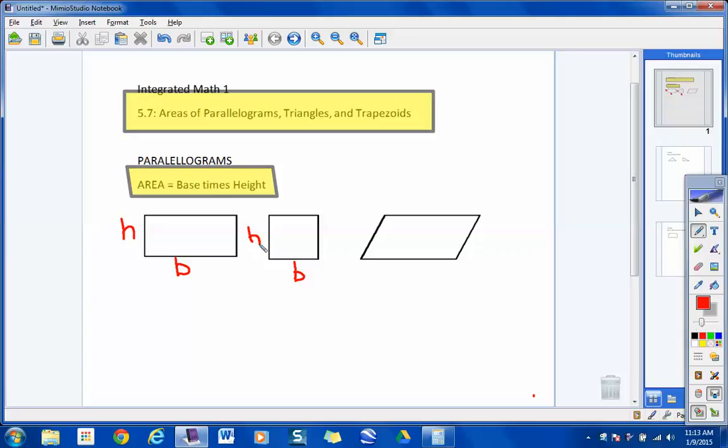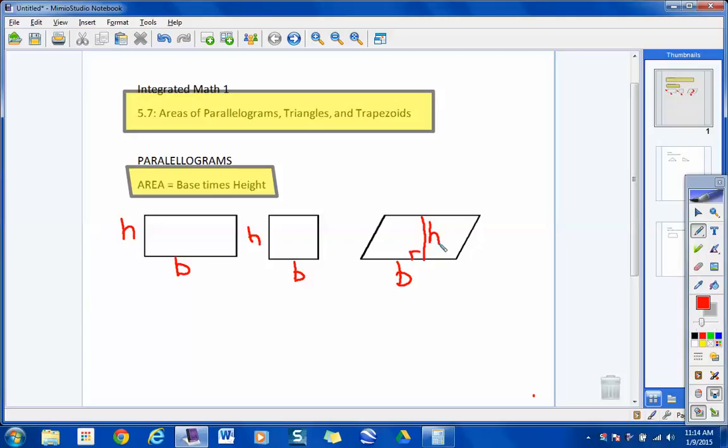No. My base is down here on the bottom, but my height has to form what angle with the base? 90 degrees, right? In the first two shapes, we had 90-degree angles down here. But in this one, the height would be on the interior, perpendicular to the base. So your height might be right here. That's just refreshing your memory, and I think we've got that down really well.